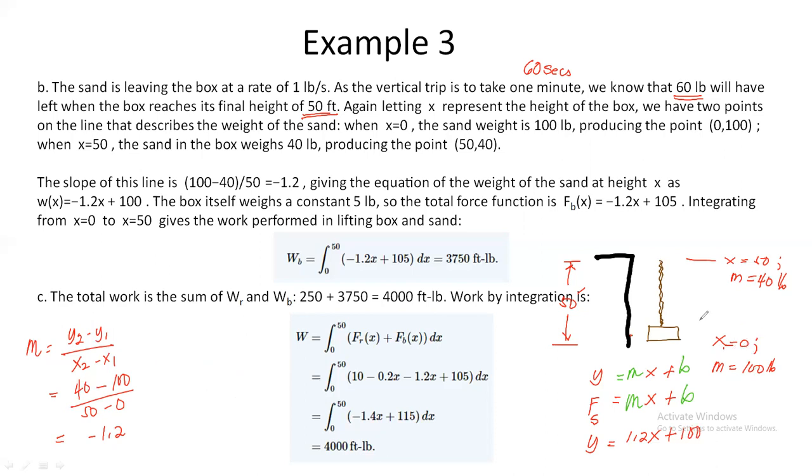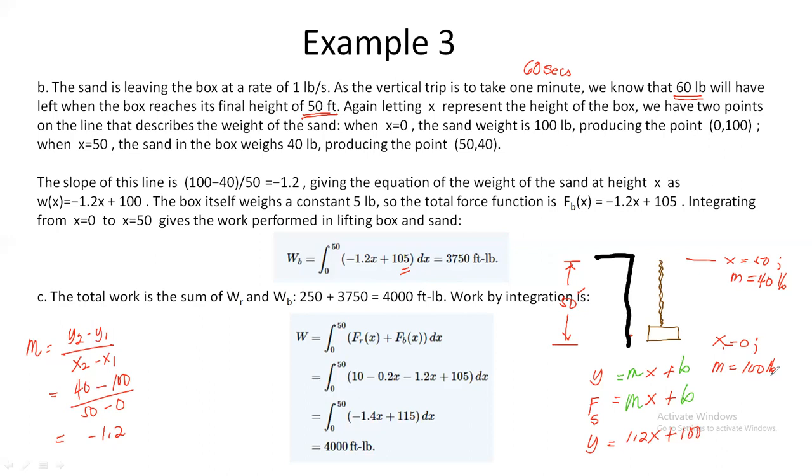For x equal to 0, which is comparable to your y-intercept, it is 100. So that is why we placed here 100 for the b. Now, you may question, Miss Ali, why I have here 105? It's because this one is just the weight of the sand alone.